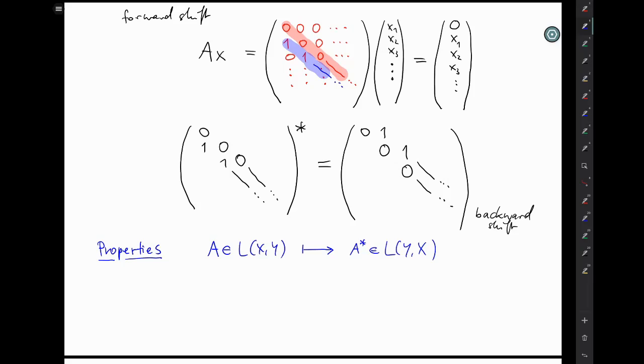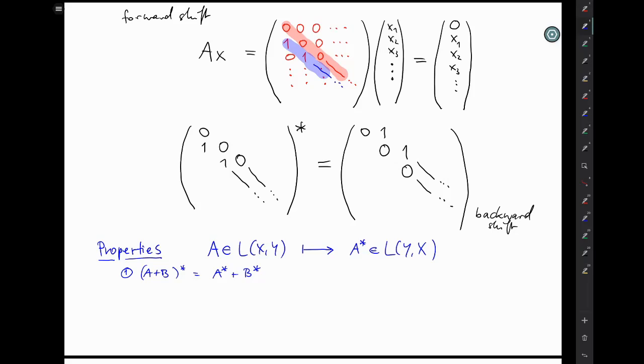Here's the list of properties. The adjoint of a sum of two operators equals the sum of the two adjoints. Not very surprising, because you know the same from matrices, of course.